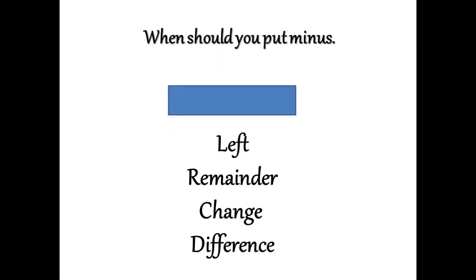And when we use the minus equation, we have to see words like left, remainder, change, and difference. When I find one of these words in our problem, we use the minus sign. When we make an equation with minus, I start with the big number.